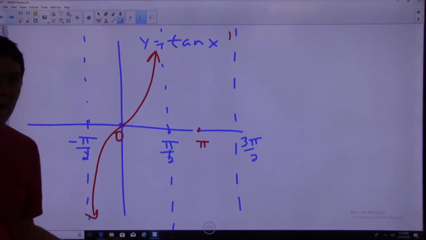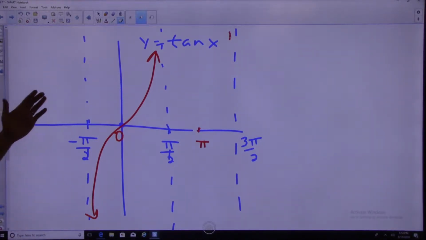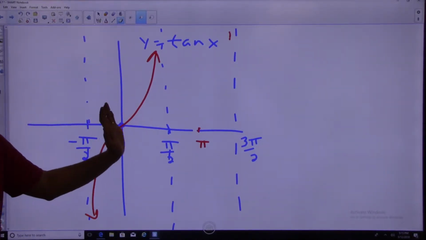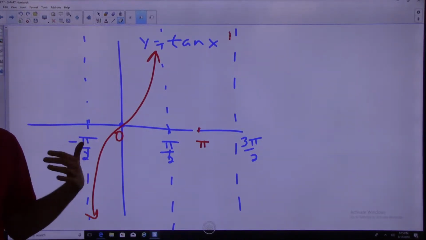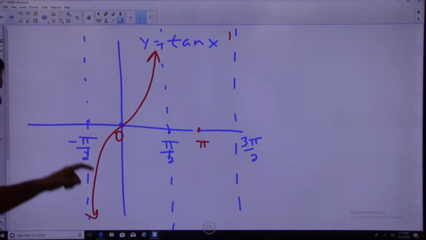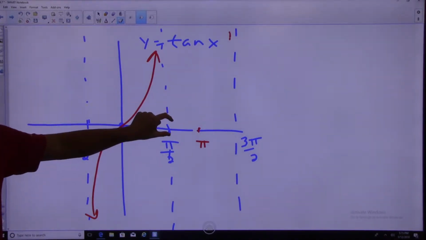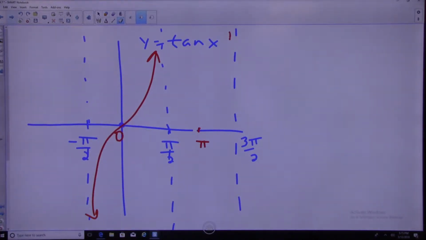So we're not going to have a piece of graph at those points. Therefore, the only difference between the range of the inverse tangent and the inverse sine is that we're going to have parentheses instead of brackets, because the tangent of negative pi over 2 is undefined, and so is the tangent of pi over 2. So we're going to have to use parentheses.